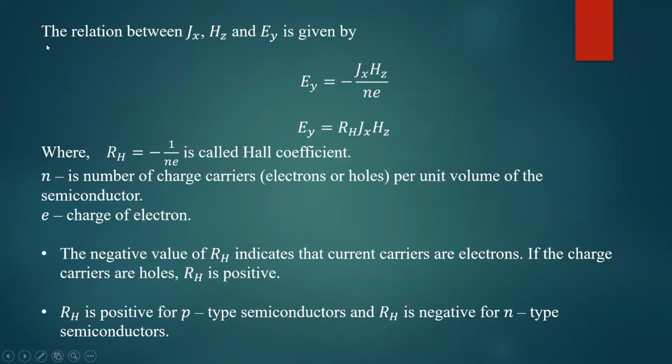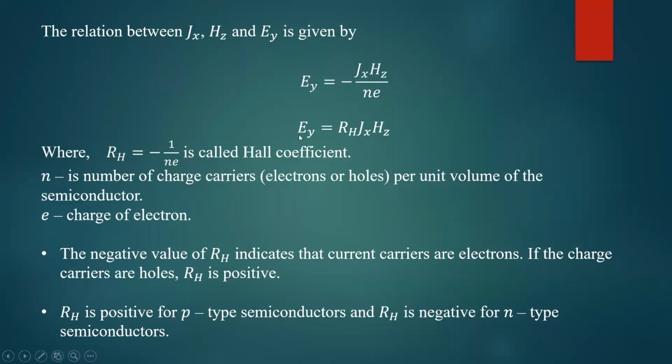Next, what is the relation between this current density Jx, the magnetic field Hz, and electric field Ey? It is given by the Hall voltage developed Ey, which is equal to minus Jx Hz divided by Ne, where Jx is current density along x direction, Hz is magnetic field applied along z direction, N is number of electrons per unit volume of the conductor, and e is charge of the electron.